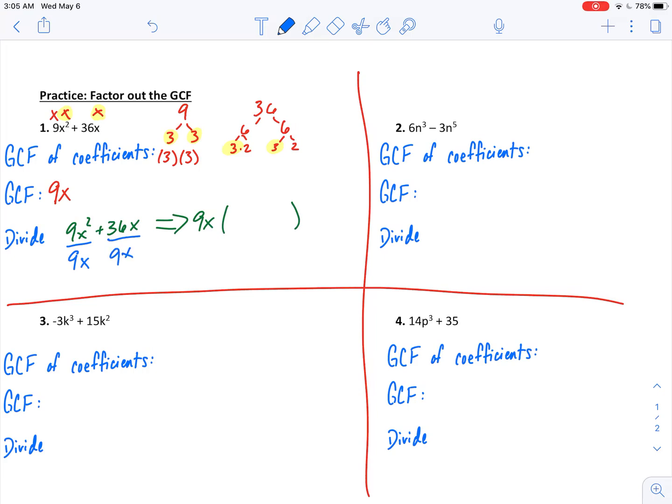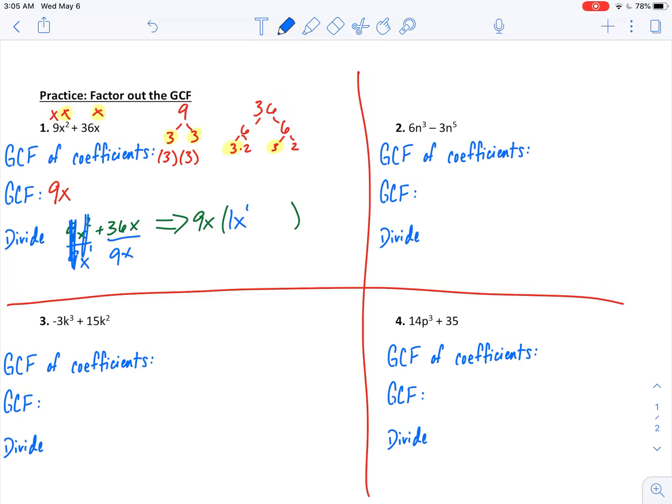What is 9 divided by 9? Well, that's 1, so we're done there. And x to the second divided by x to the first, we said earlier that we just subtract those exponents. So 2 minus 1 is x to the first.